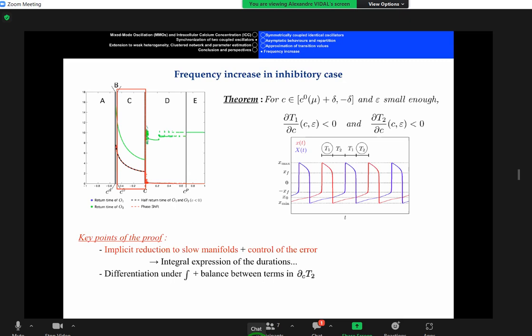And the control of the error gives us an integral expression of the durations. Differentiation under the integral and balance between the terms in the derivative of T2. So it is a quantitative result based on a qualitative analysis and geometric singular perturbation theory that at the beginning are completely qualitative properties, but making extensive use of this GSPT, we are able to retrieve some quantitative results.